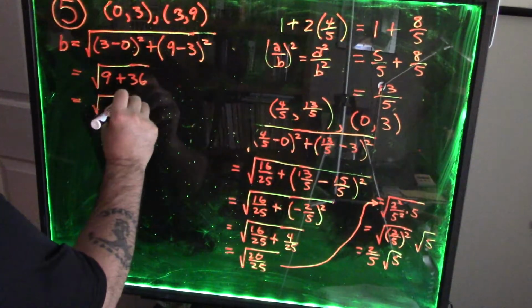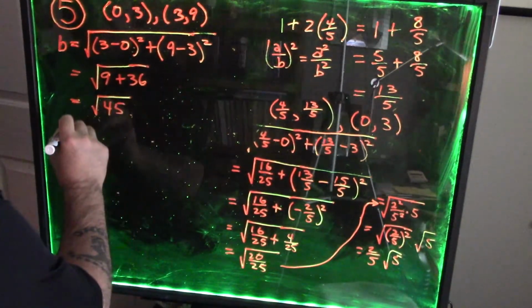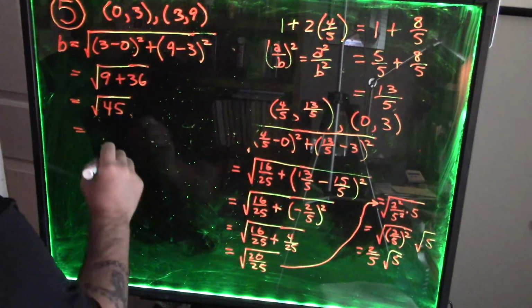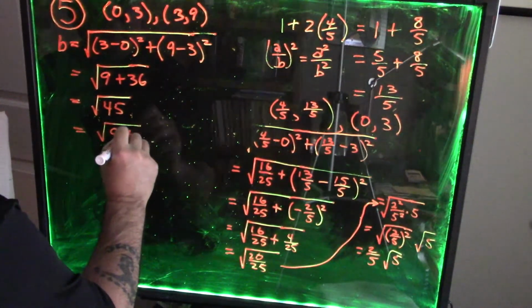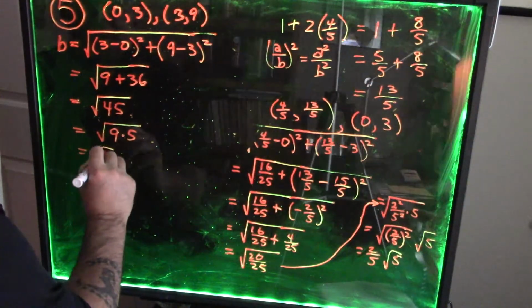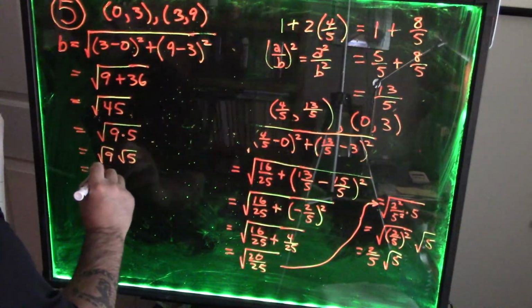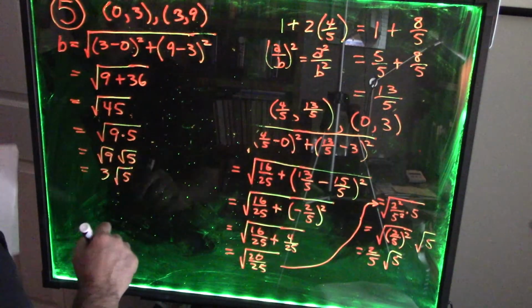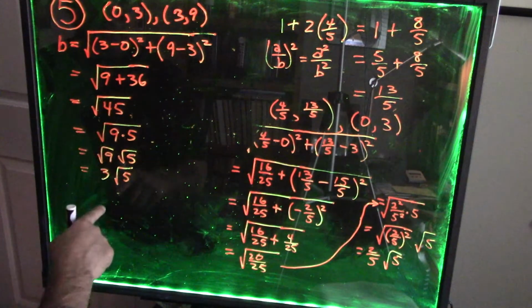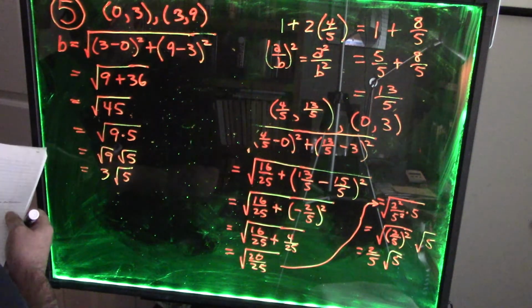And that equals the square root of 45. We can simplify that a little bit. That's the square root of 9 times 5. 9 times 5 is 45. And that's equal to the square root of 9 times the square root of 5. Square root of 9 is 3, so that's 3 square root of 5. Okay, so that's the exact distance, b. The exact answer. Alright, so what's the area of the parallelogram?